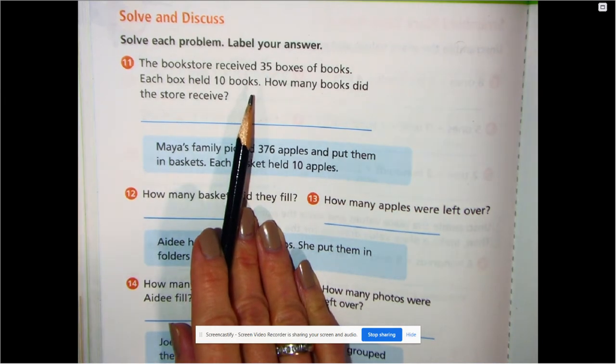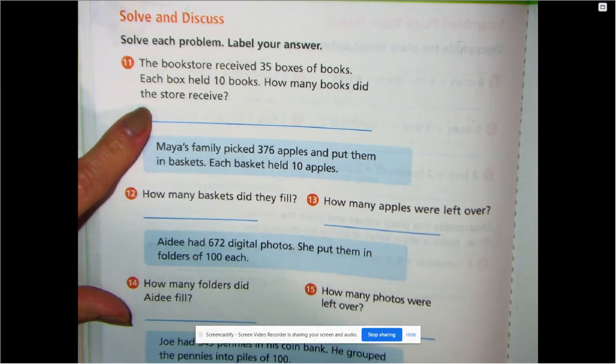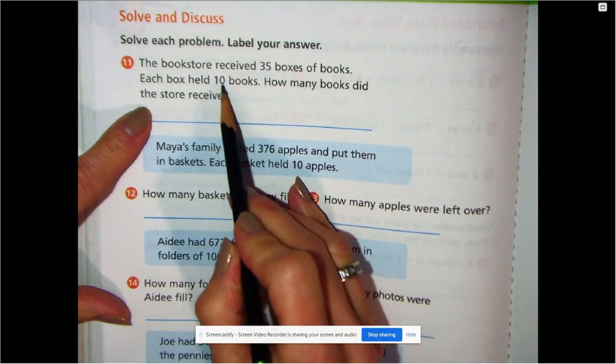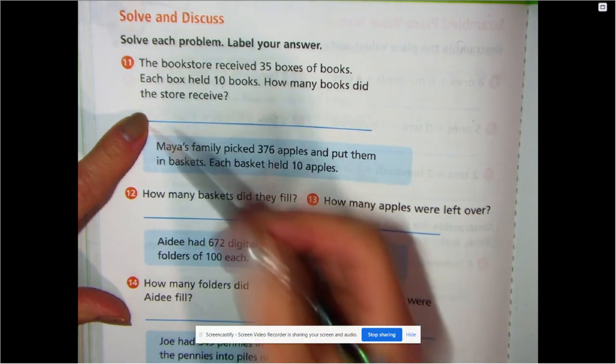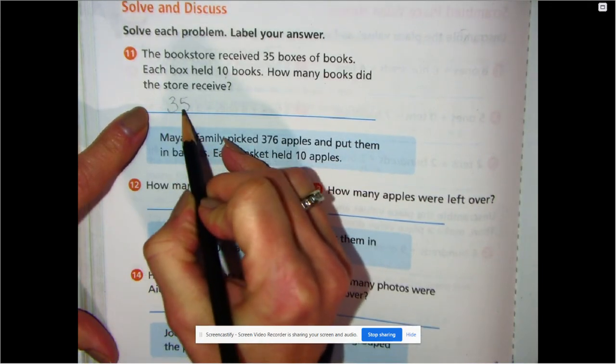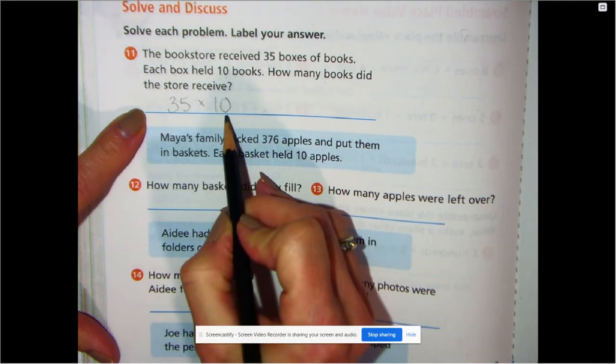So if you remember, in our last unit, we worked on multiples of 10, right? And multiplying those. So we've got 35 boxes. Each box has 10 books. We want to know how many are all together. So we're going to write that equation. 35 boxes, and each box has 10 inside of it.